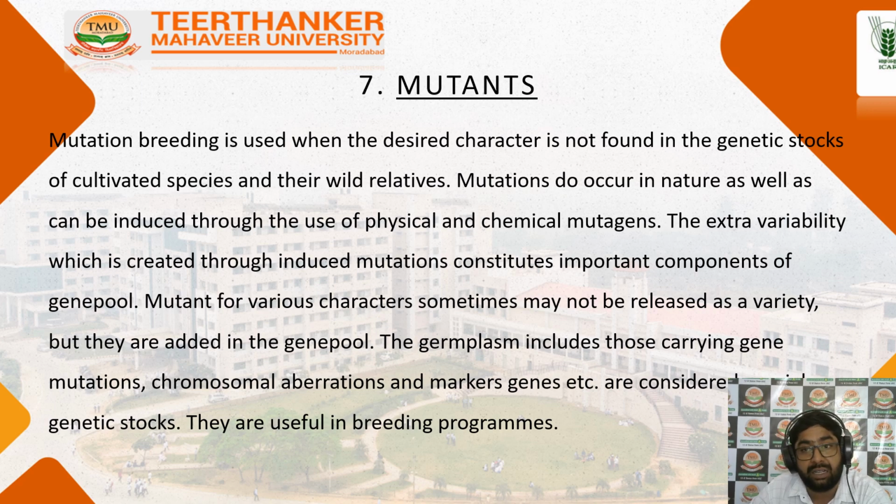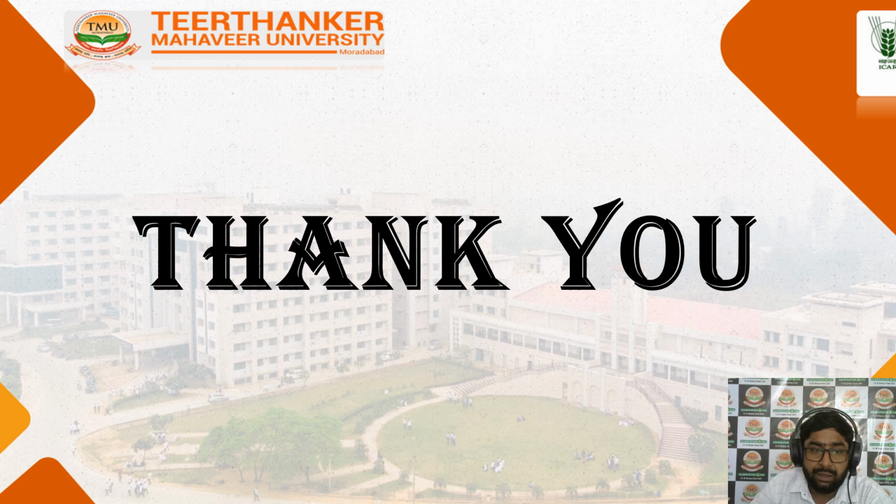Mutations occur in nature and can also be induced through physical and chemical mutagens, which change the genome sequence. In physical methods, there are X-rays, gamma rays, alpha rays, beta rays, and a lot of chemicals we can use to change the DNA sequence. So thank you.